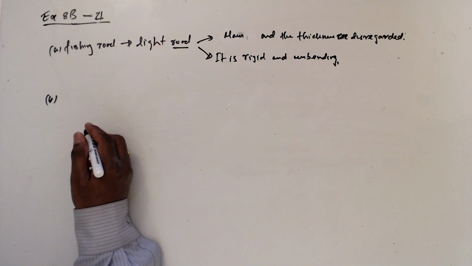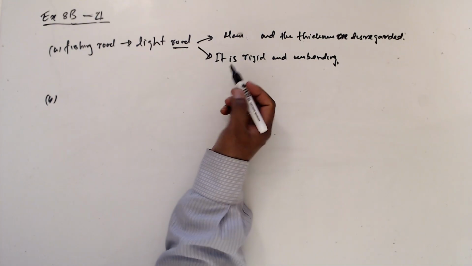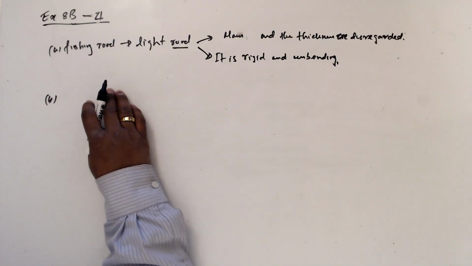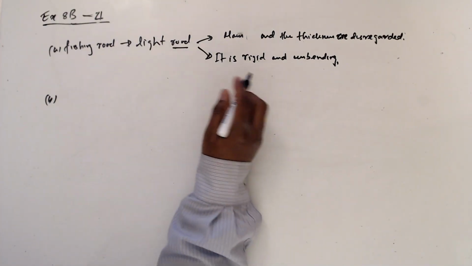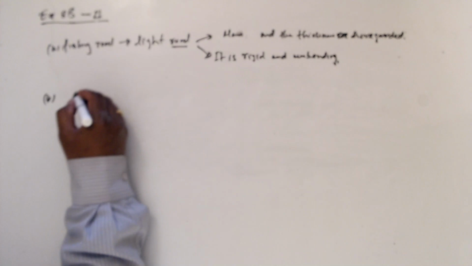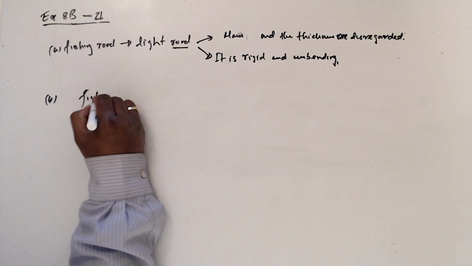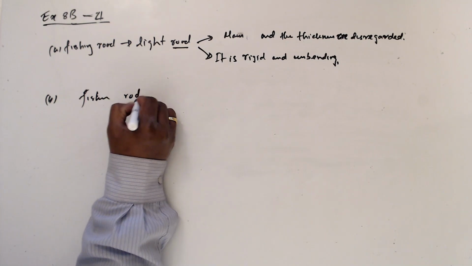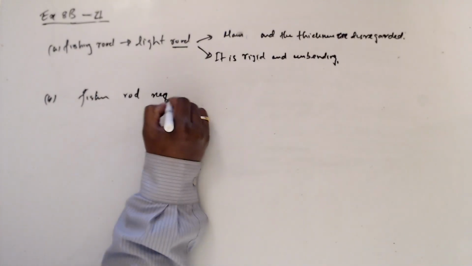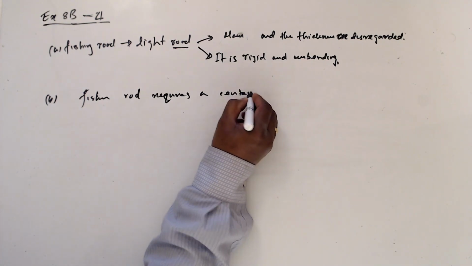Part B, comment on its validity in this situation. Actually, disregarding mass is acceptable, but disregarding thickness is not acceptable. A fishing rod requires a certain thickness.